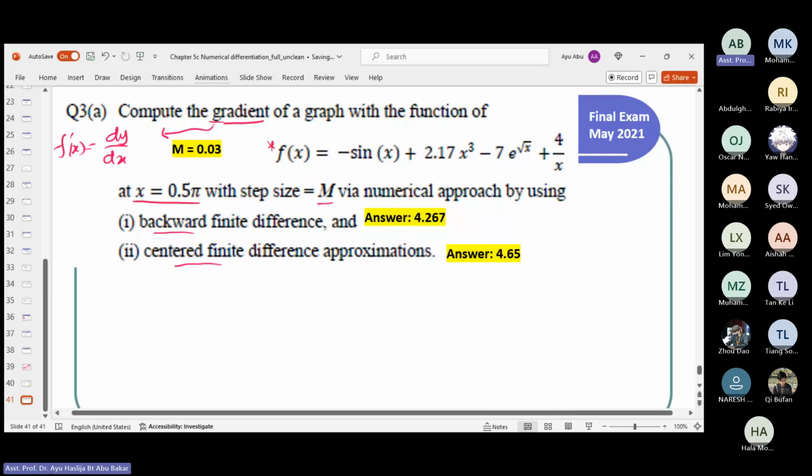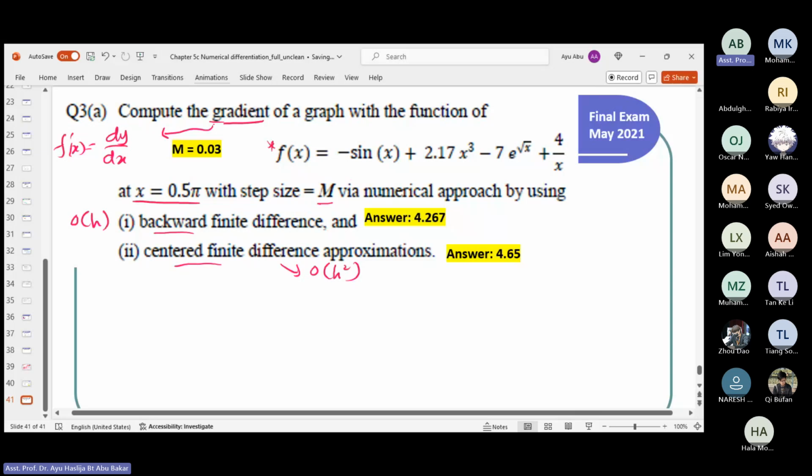Okay, here it doesn't give you the order of the error. Since it doesn't mention, you can choose any order of the error. The easiest, choose the first, like centered, it starts with h power 2. Backward, h.